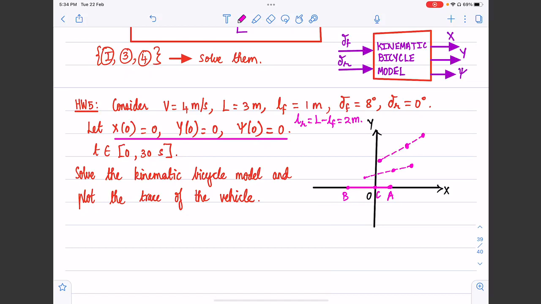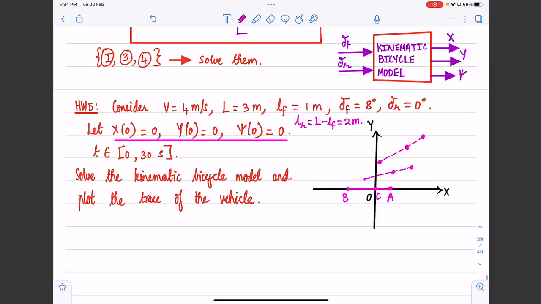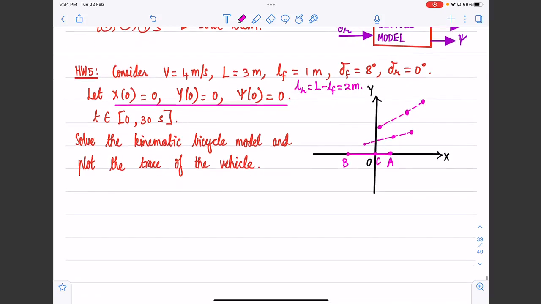The points A, B, C will trace a curve, and the yaw angle will also be changing with time. I want you to generate this trace, and then submit a single PDF file with the code, the plots, and the discussion. That is homework number 5.